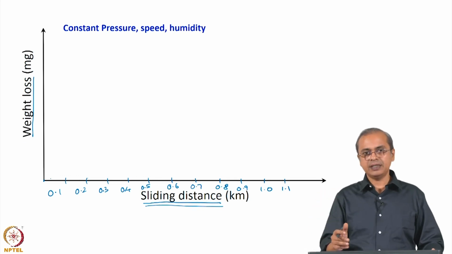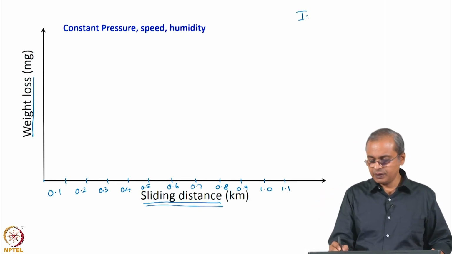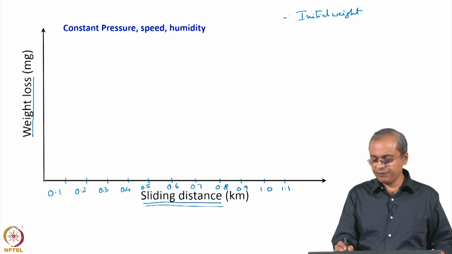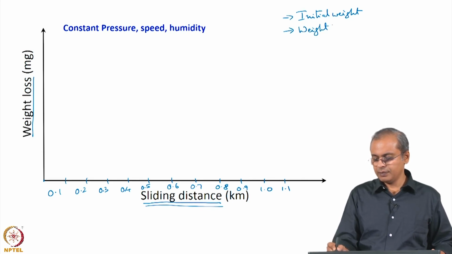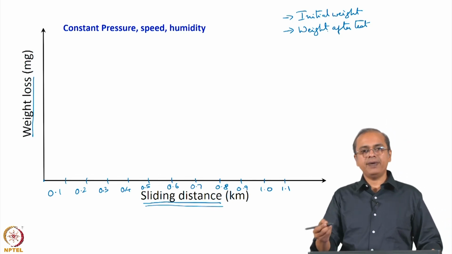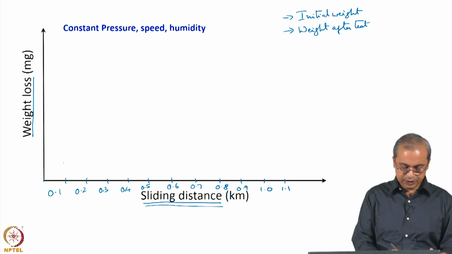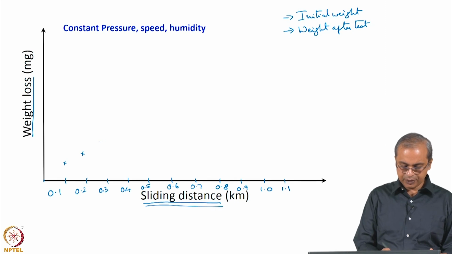So, you have initial weight and you have weight after test, and therefore you can get weight loss. After it has travelled 100 meters, we check what the weight loss is and put some value here. At 200 meters you have some weight loss, at 300 meters you have some weight loss, something like this.